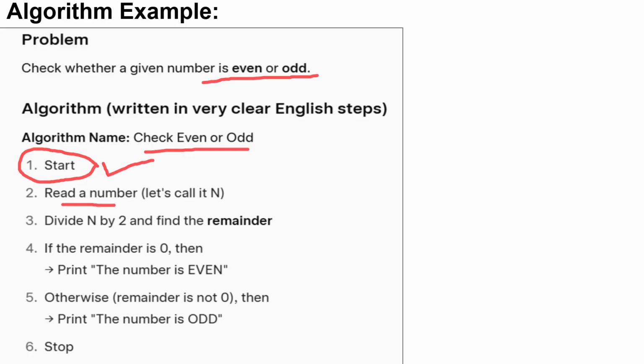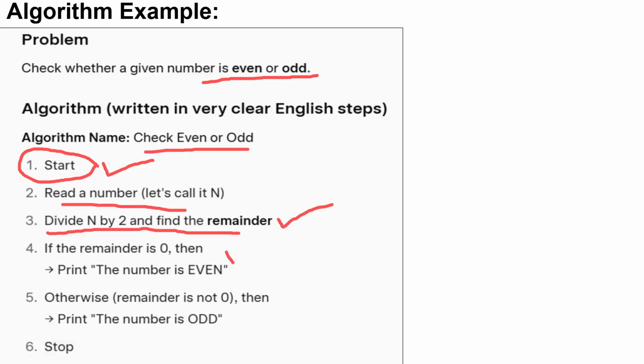Then it reads a number, because I will be taking input as a number, and I will say whether it is even or odd. First I divide whatever number I have taken by 2. I check the remainder.